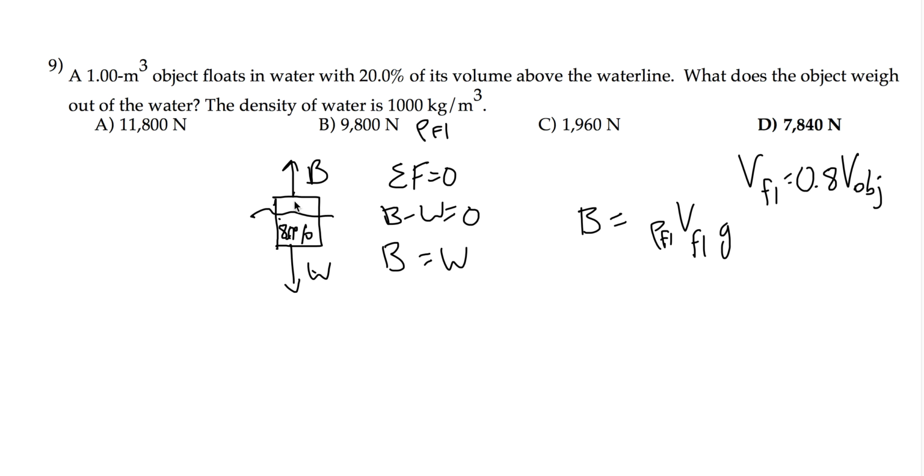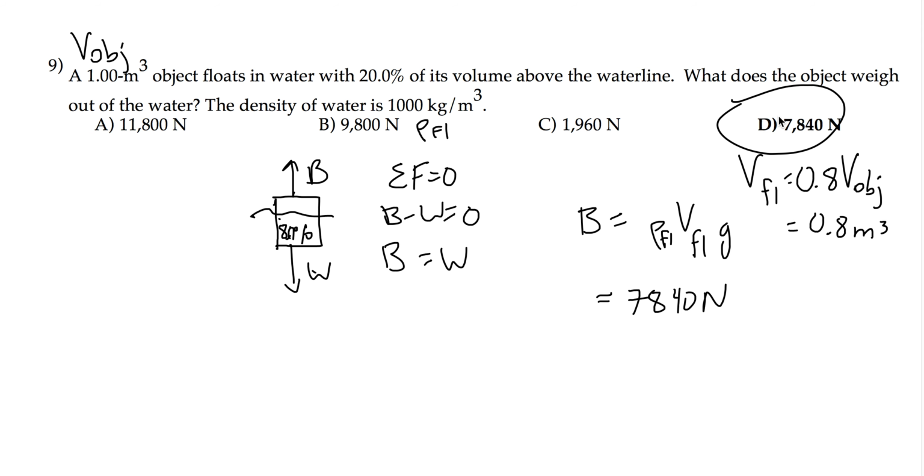The 20% here is not displacing the water. So the volume of the object is right here, 1 meter cubed. That means that the volume of the fluid displaced is 0.8 meters cubed. So plug in 1,000 times 0.8 times 9.8, and you will get 7840 newtons, which is choice D.